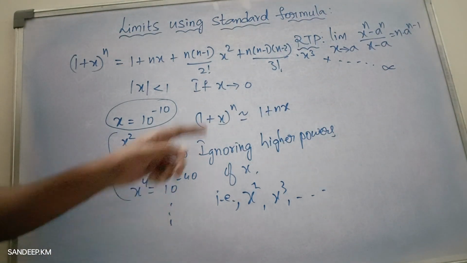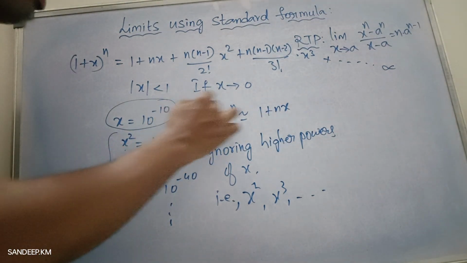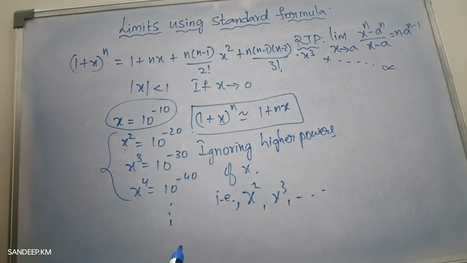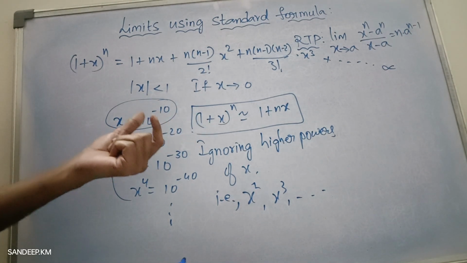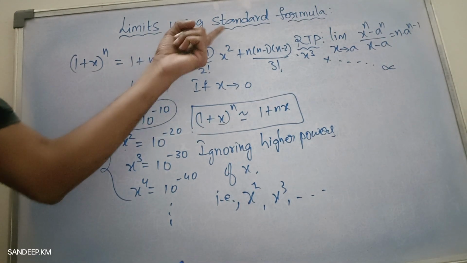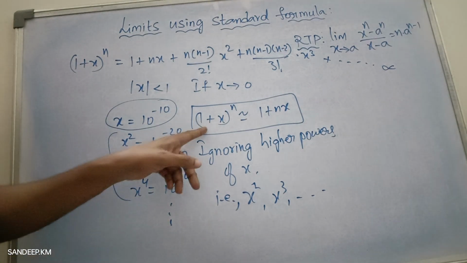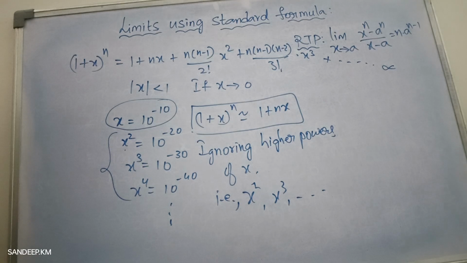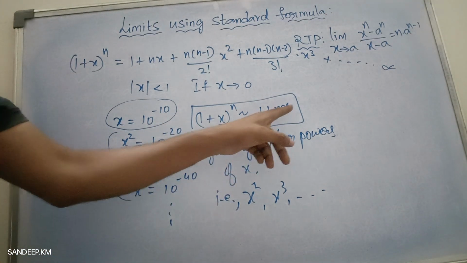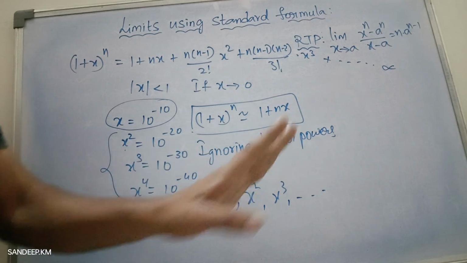Then 1 plus x whole power n is approximately equal to 1 plus nx. So this is what I am going to use while solving the problems based on standard formula. I will use it in many of the questions while solving in today's video. Please observe that I am ignoring from x square, x cube, x power 4 and so on.